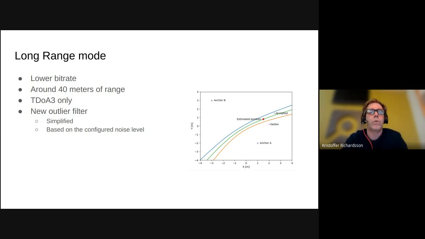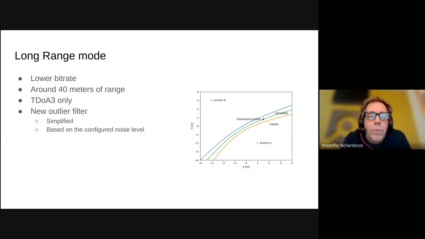Now a little bit about the long range mode that was added recently. In the original flavor of the system, the maximum range of an anchor is around maybe 10 meters. And that's fine.